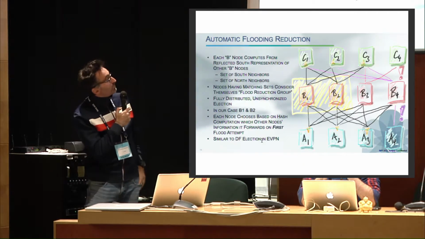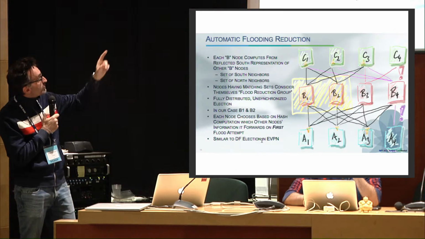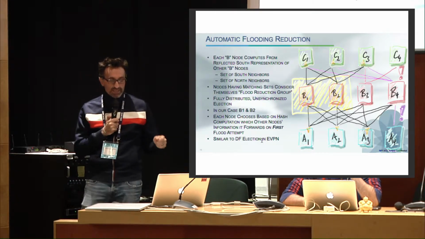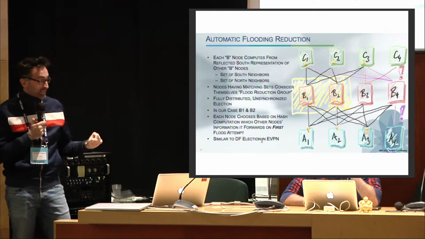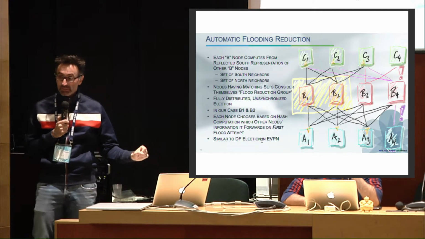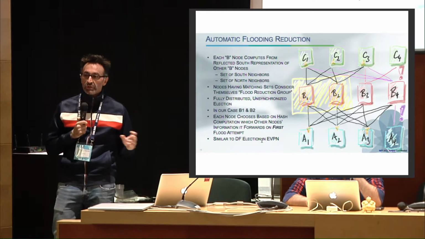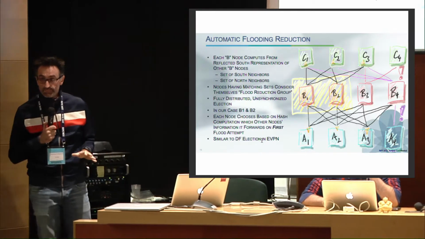Another very important characteristic of RIFT is that it can reduce flooding. We are testing performance with this prototype, and we see that if we have enabled the reduced flooding capability, we can achieve 30, 40, almost 50% better performance.